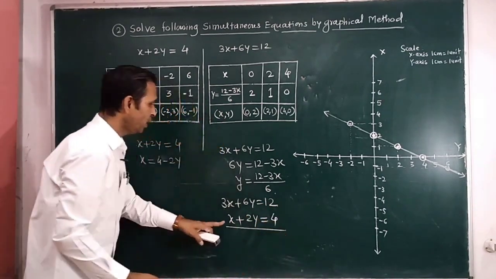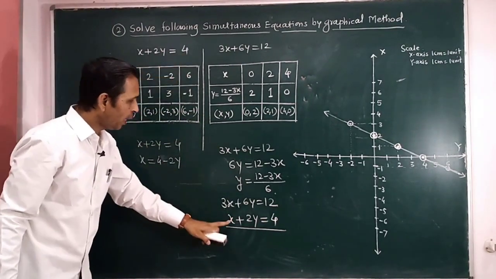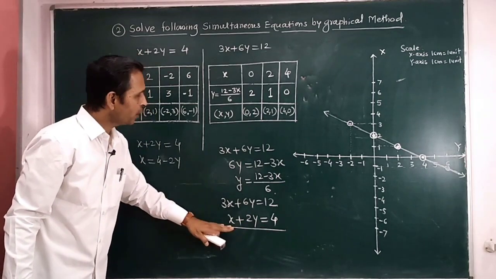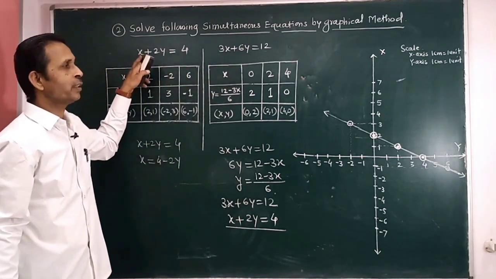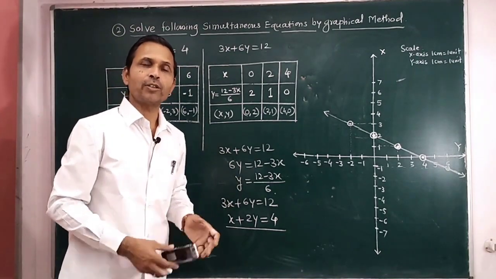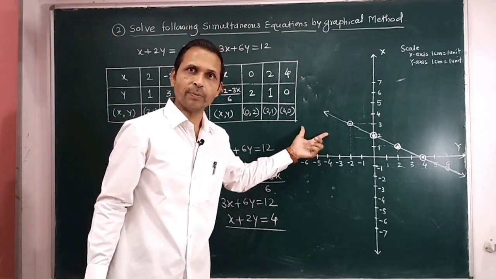Means the equation is the same: x plus 2y is equal to 4 and x plus 2y is equal to 4. And that's why the graphs of such equations coincide with each other, and that's why these equations have no solution.